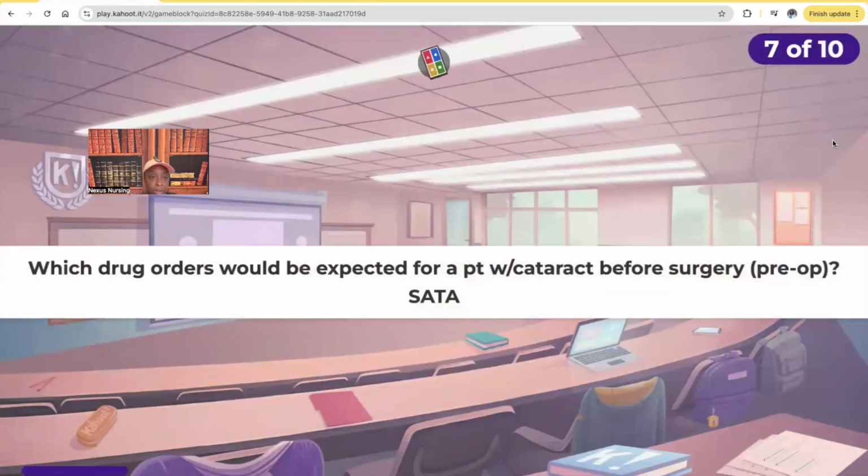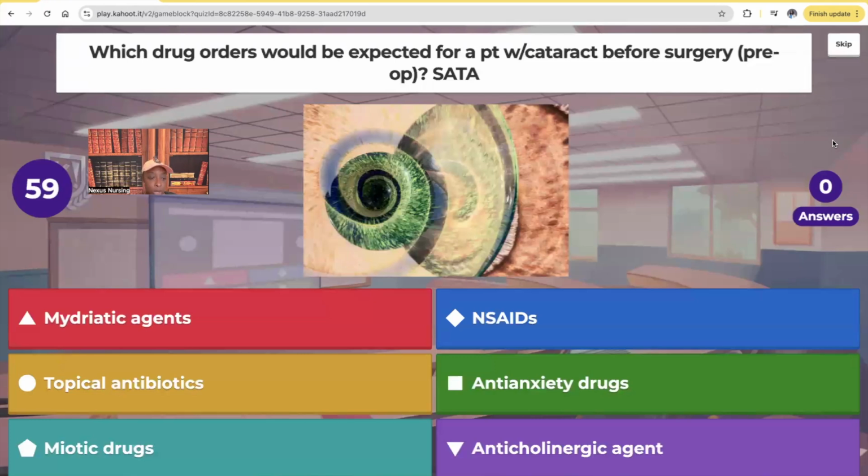Select all that apply. What drug orders would be expected for a patient with cataract before surgery? Here are your options: mydriatic agents, NSAIDs, topical antibiotics, anti-anxiety drugs, miotic drugs, anticholinergic agents. So the patient is going to have cataract surgery.